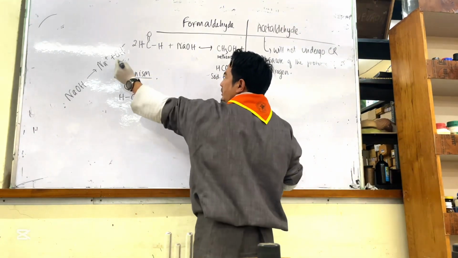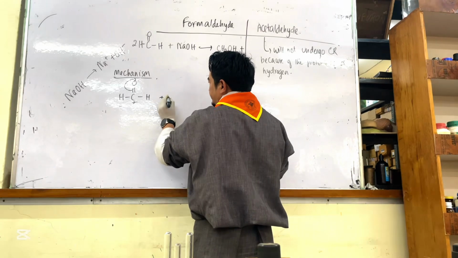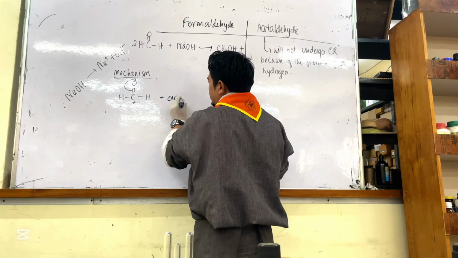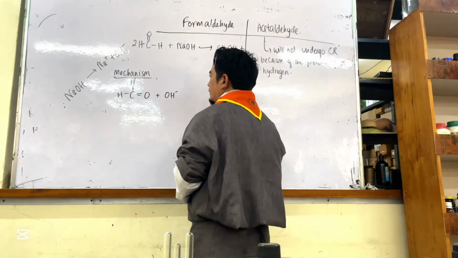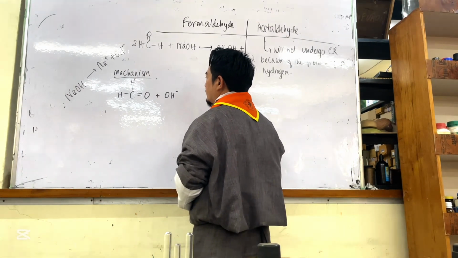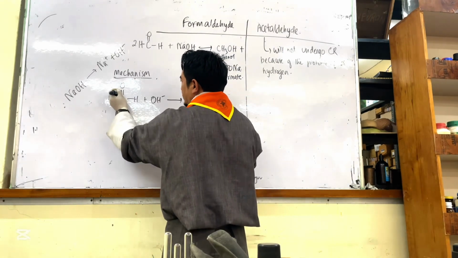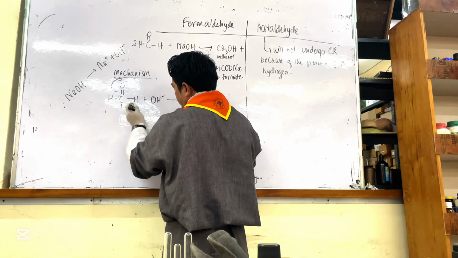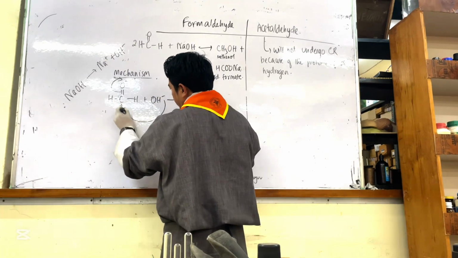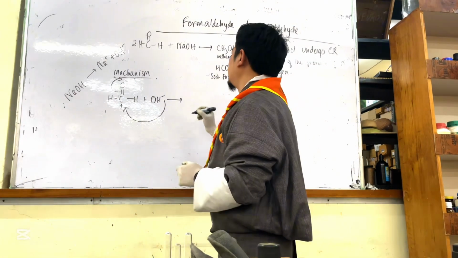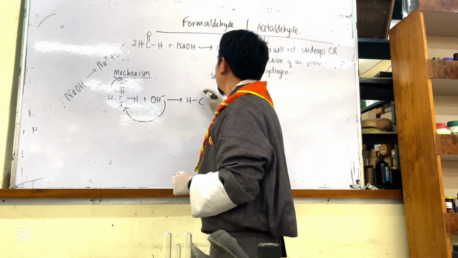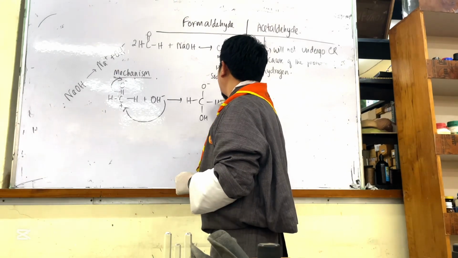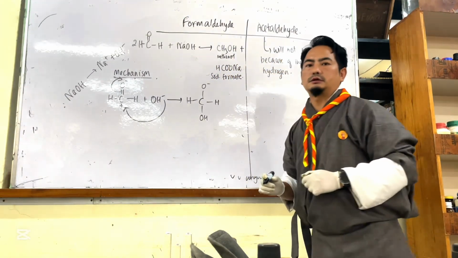And then we already have the OH negative here. This negative charge will go into here. And then you will get HCO negative, then OH, and then H. You will get this intermediate compound.